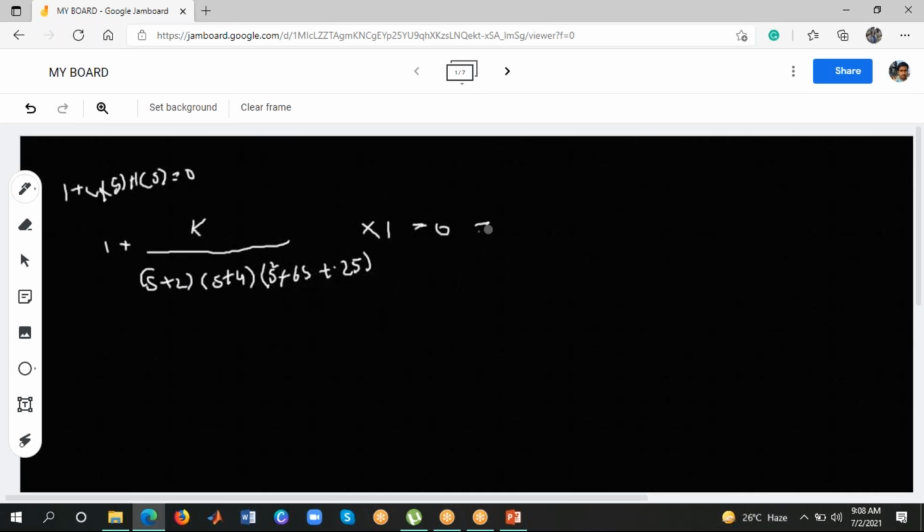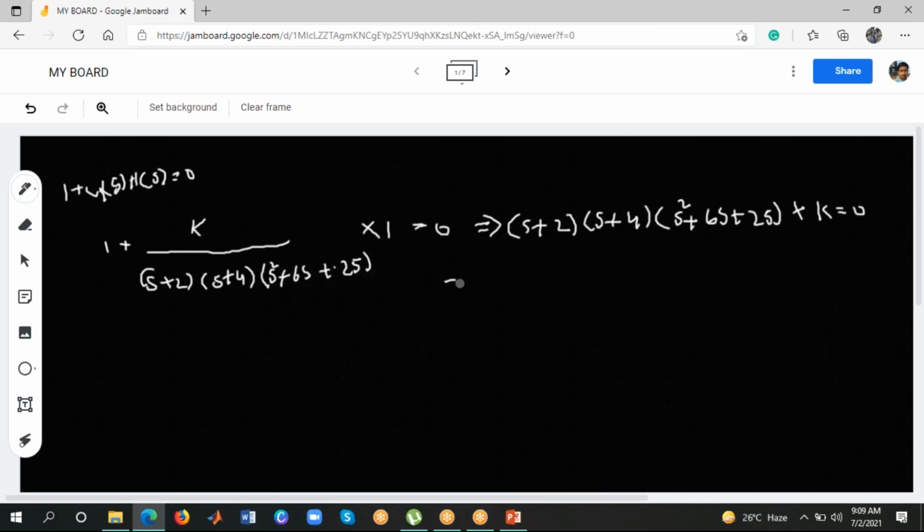If you simplify this equation, the characteristic equation becomes s plus 2 into s plus 4 into s square plus 6s plus 25 plus K equals 0. This is the characteristic equation. Now I am going to expand this.